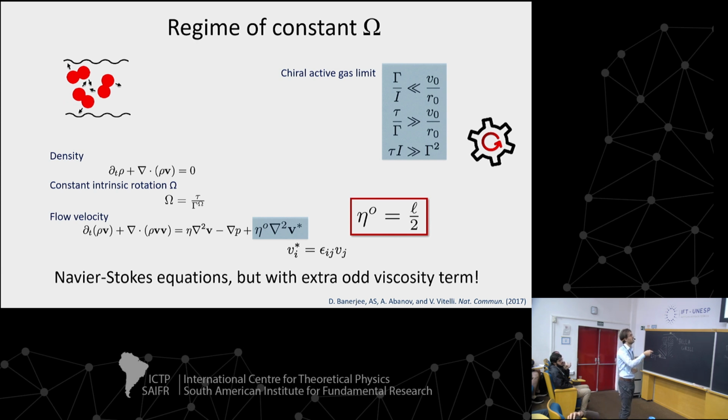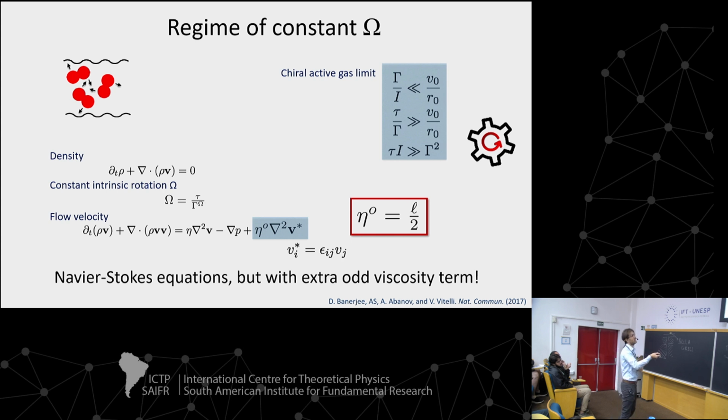So this term tells you that the force in the fluid will be proportional to a Laplacian of a velocity rotated by 90 degrees with this odd viscosity prefactor. And this is why it's called a viscosity. It looks very much like the normal viscosity term, which is this one, which is just the same form but without the star, without the 90-degree rotation.